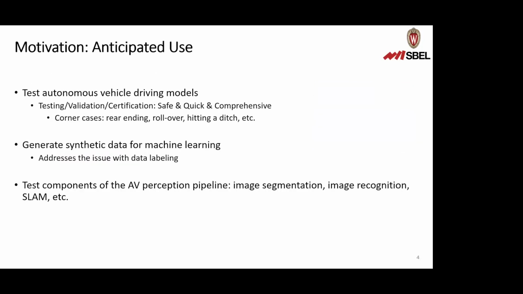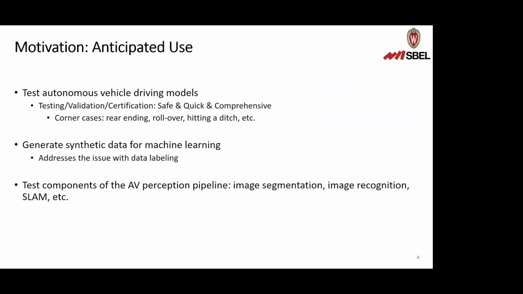A simulation framework, like what I discussed, would mostly be for testing and evaluation of vehicles, particularly corner cases like rear-ending or rollovers, but also for training, like training perception potentially.